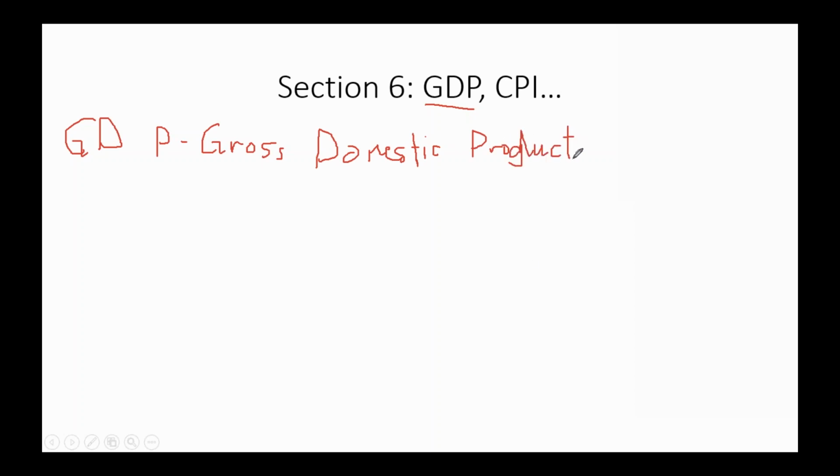Can anybody tell me what the GDP stands for? If you can't, that's fine. The GDP is the gross domestic product. This is basically the value of all goods and services produced by a country.